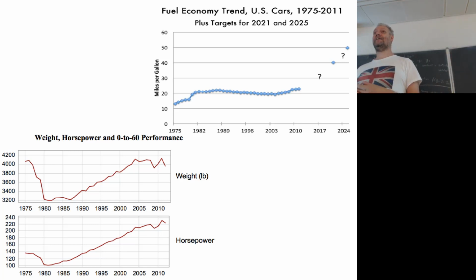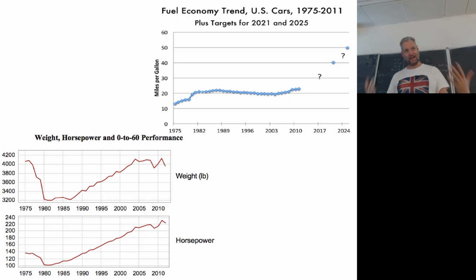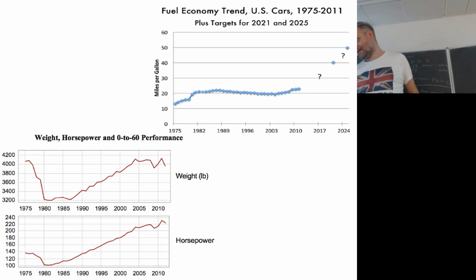And what has happened here is that people use the technological progress not to reduce their energy use, but to increase comfort, to increase a feeling of safety. Those bigger cars are not necessarily safer, perhaps to increase bragging rights and those sort of things. But they did not use the technological progress to reduce emissions, right?